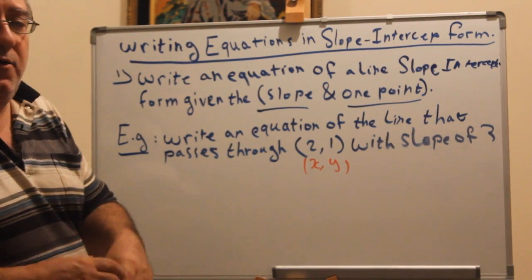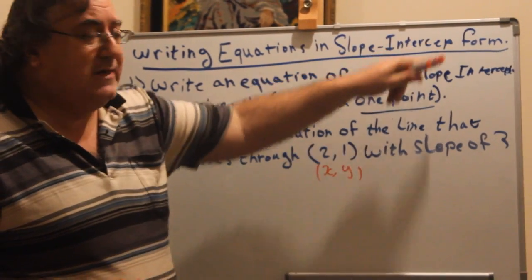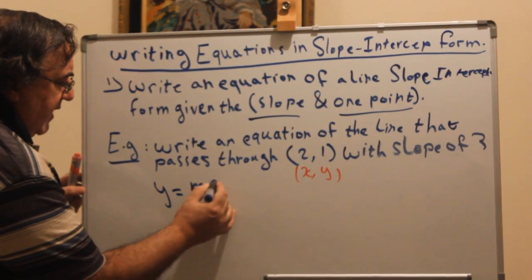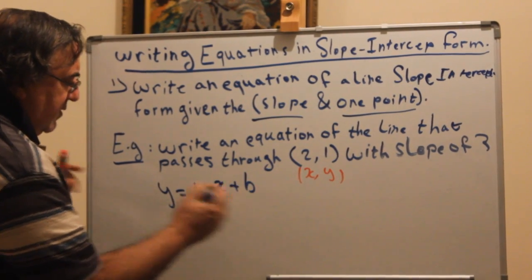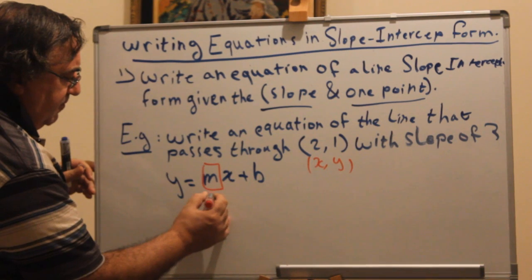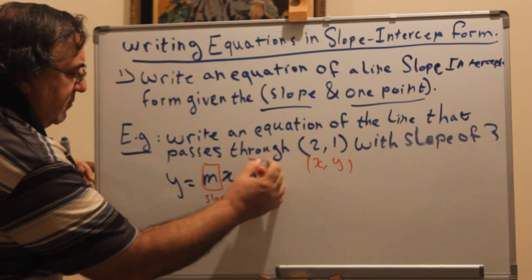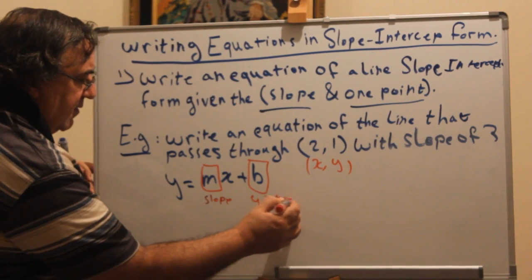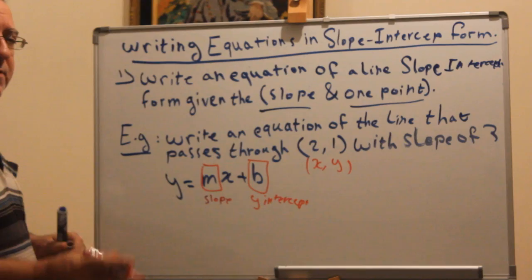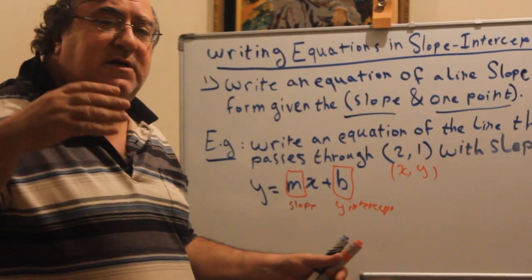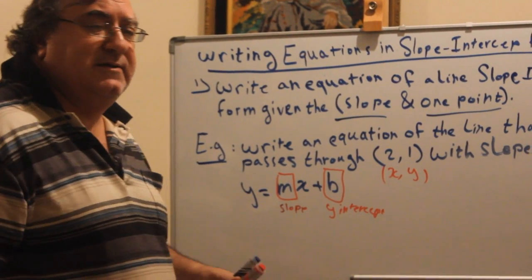And the formula of slope-intercept form is y equal mx plus b, where m is the slope and b is the y-intercept. And you remember the previous video, we showed the y-intercept is where the line intersects the y-axis.